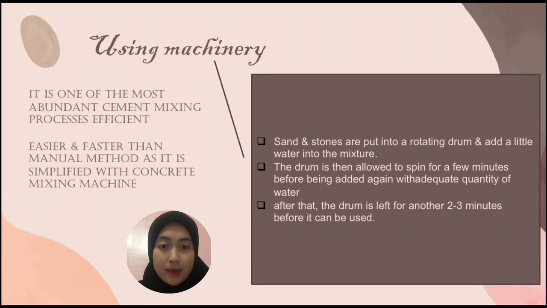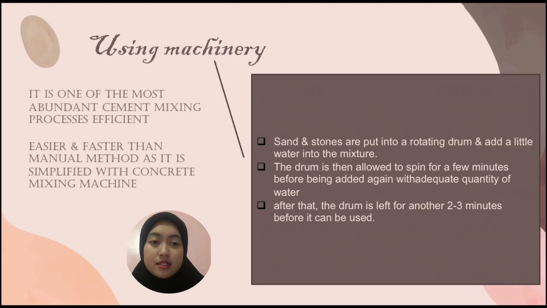Next is the method using machinery. It is one of the most efficient cement mixing processes. It is easier and faster than the manual method as it is simplified with a concrete mixing machine. Sand and stone are put into a rotating drum and a little water is added to the mixture.